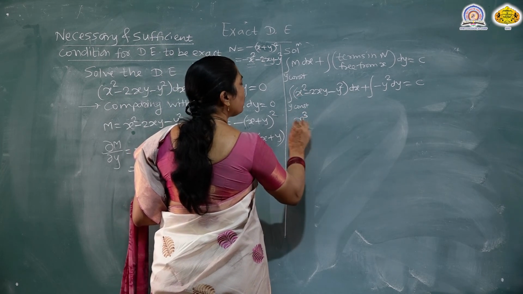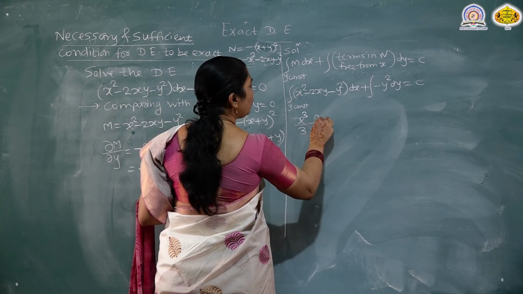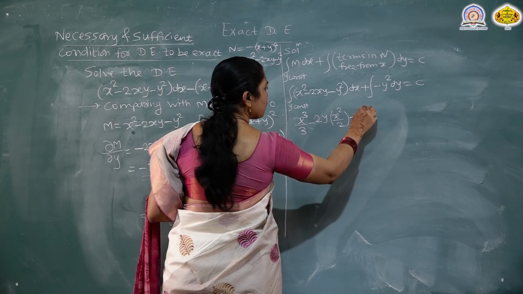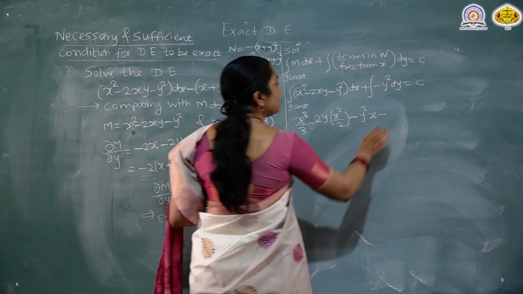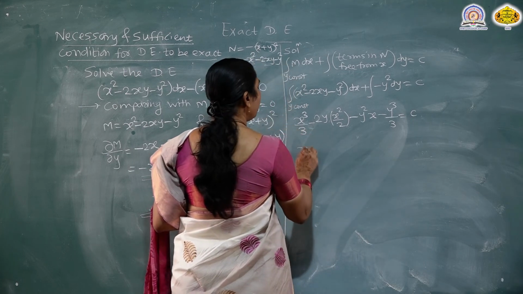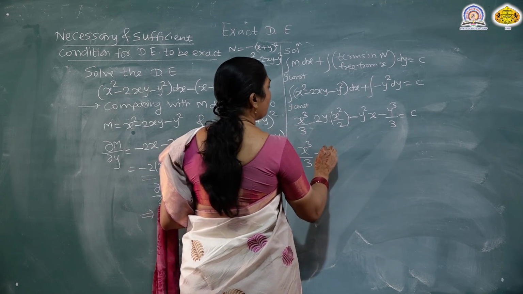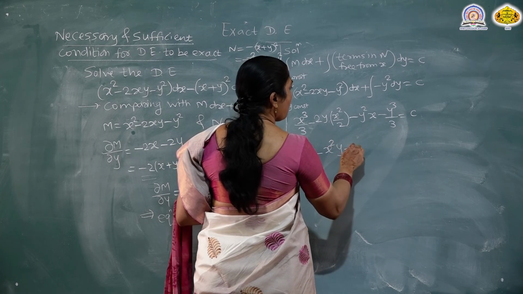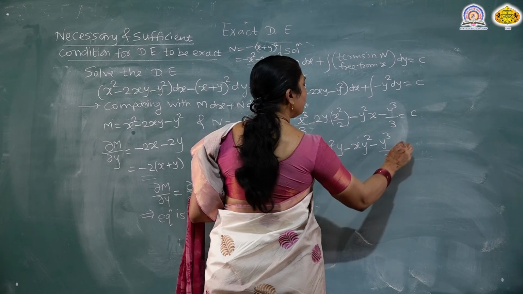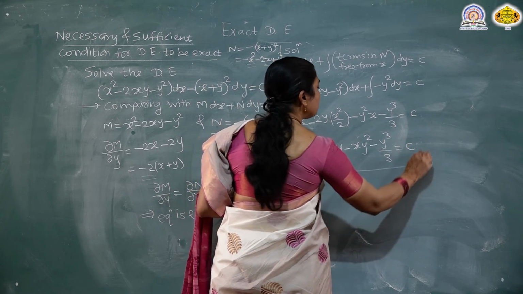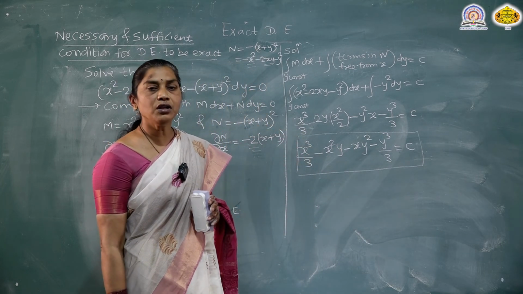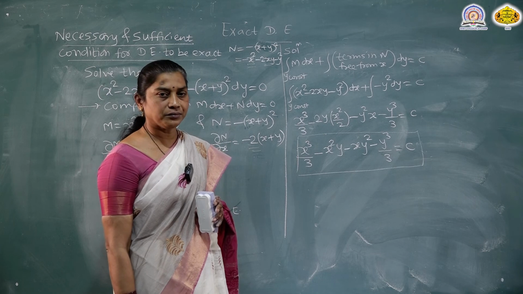So we get x³/3 − 2y x²/2 − y² x − y³/3 is equal to c. Or rewriting, we get x³/3 − x²y − xy² − y³/3 is equal to c. So this is the general solution of the given exact differential equation.